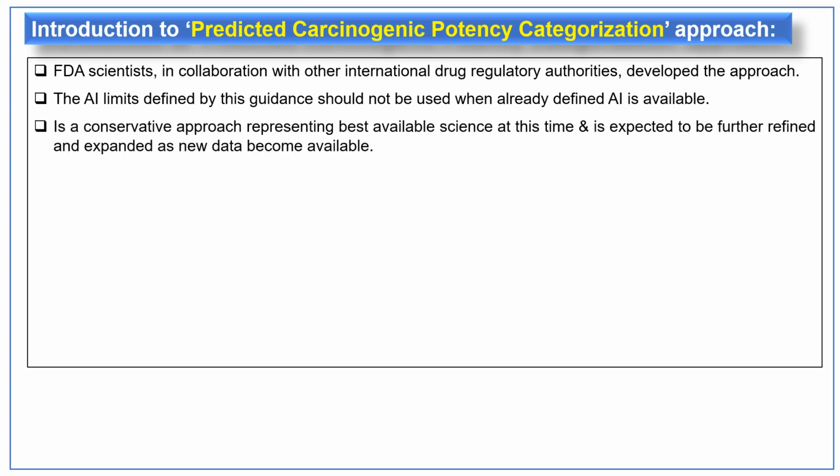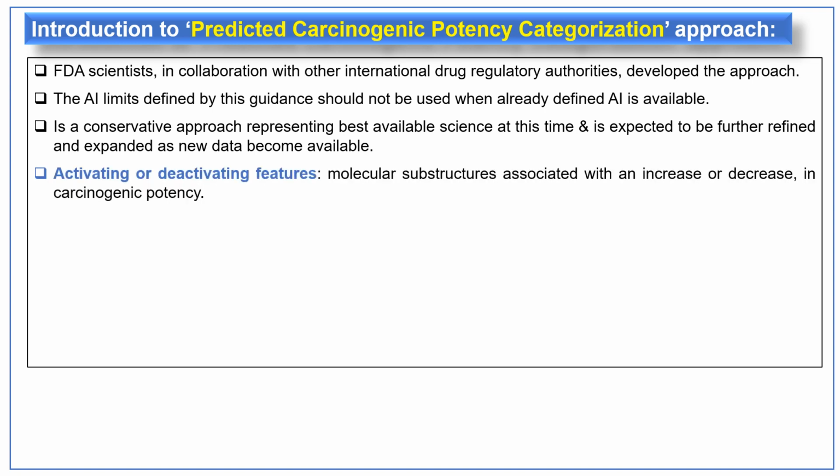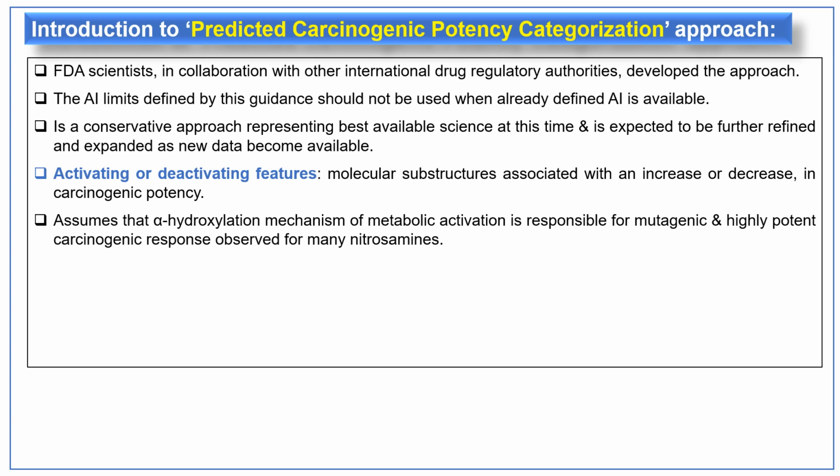This is a conservative approach representing the best available knowledge, and as time and science develop, the limits may be changed. It is based on some activating and deactivating features, like molecular structures associated with an increase or decrease in the carcinogenic potency. It assumes that the alpha hydroxylation mechanism of metabolic activation is responsible for the mutagenic and highly potent carcinogenic response observed with many of the nitrosamines.